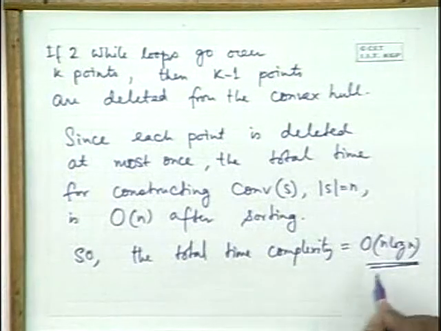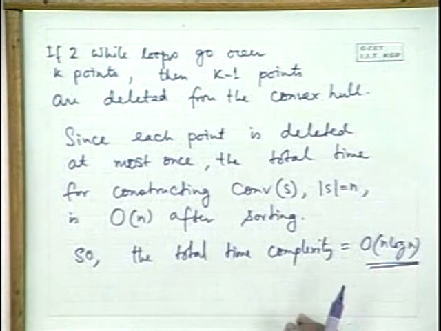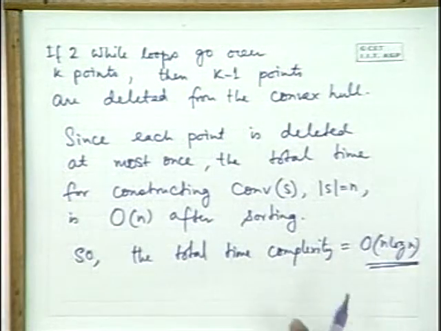The tangent computation still is order n over all the tangent computations. Probably you may have a question whether this can be further reduced. It cannot be further reduced. This problem has a lower bound of n log n. This problem I am saying, not this algorithm. This algorithm also takes n log n definitely, but this problem itself also has a lower bound of n log n.